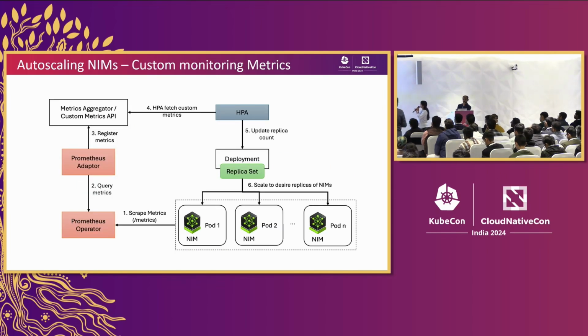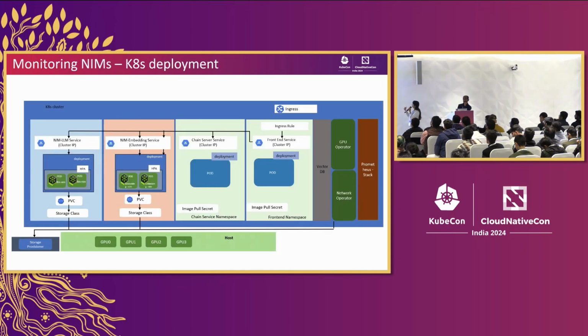Here we can do a horizontal pod autoscaler for the NIM microservice, so that the HPA will increase or decrease the replica count based on the custom metrics that it fetches from the Prometheus adapter. The Prometheus adapter itself fetches them from the operator. So it's like a feedback loop. We can create an HPA. Maybe the next slide.